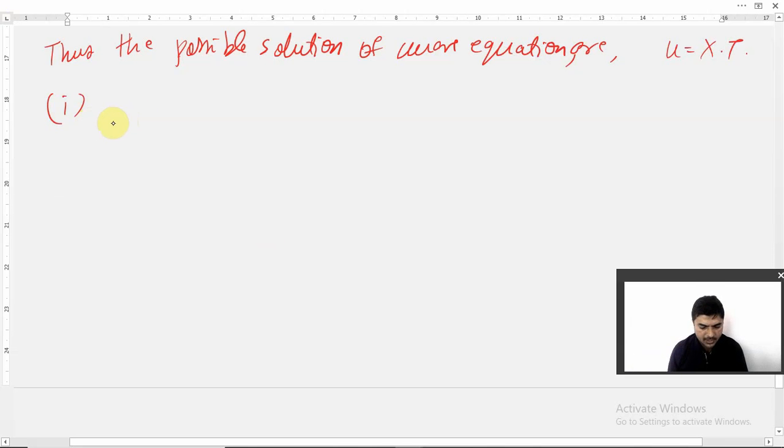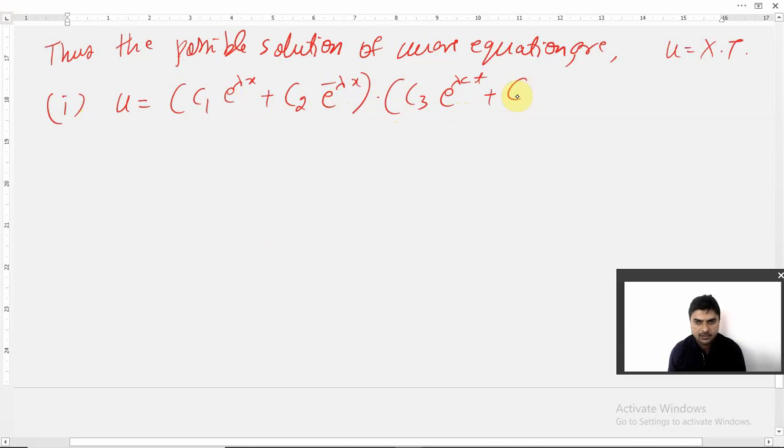So I have taken u is equal to, please remember this, c1 e raised to lambda x plus c2 e raised to minus lambda x, into c3 e raised to lambda ct plus c4 e raised to minus lambda ct. This is the solution.